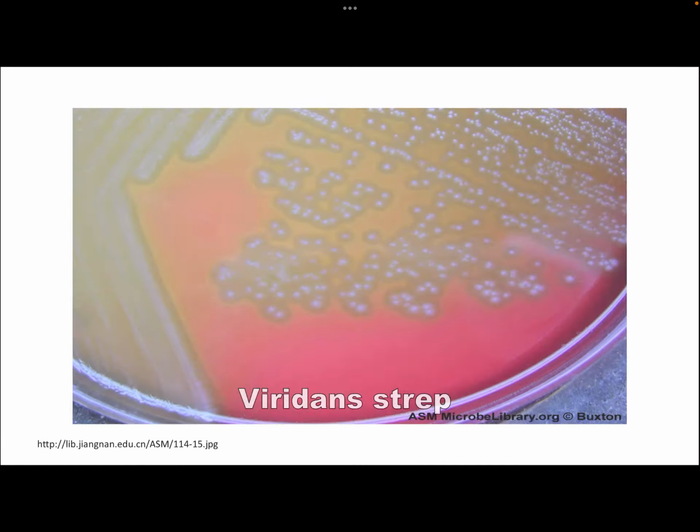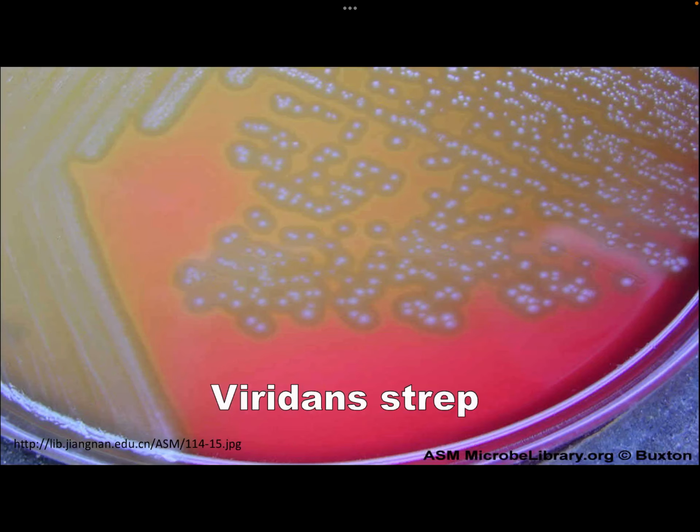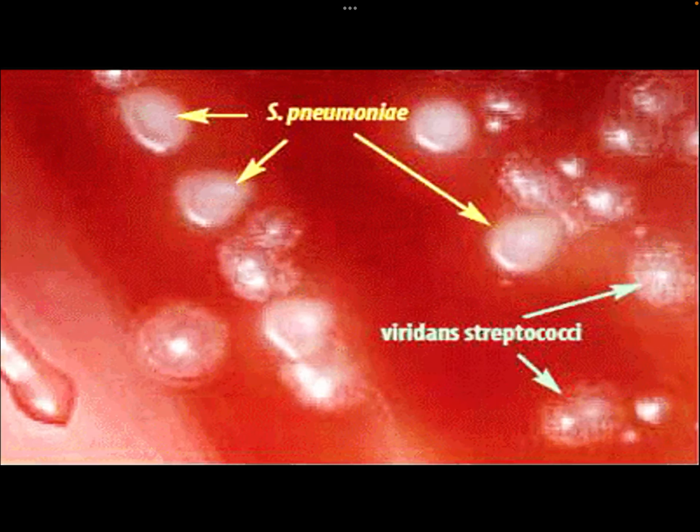For viridans streptococci, again, usually the colonies are pinpoint, smaller than Streptococcus pneumoniae, and of course, you still have the alpha hemolysis, greenish hemolysis. So that's viridans streptococci. Another one, this is not a pure culture because as you can see, you can observe multiple colonies.